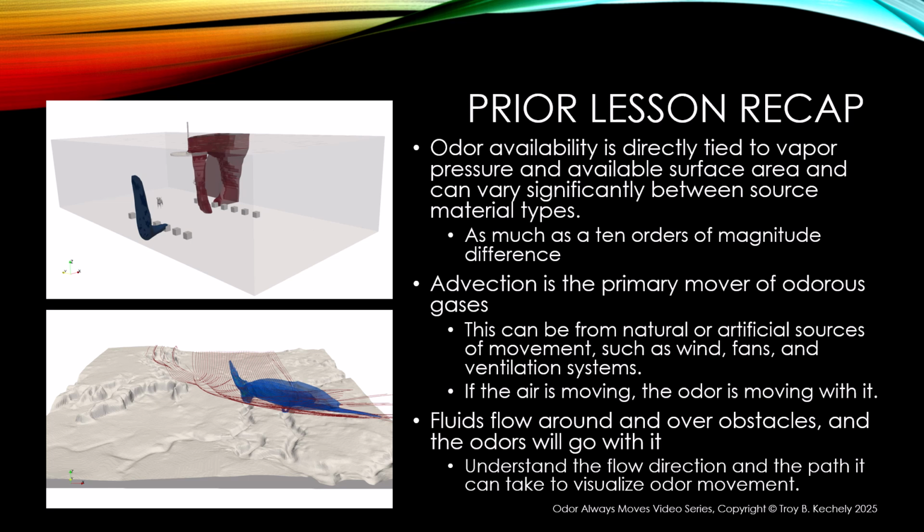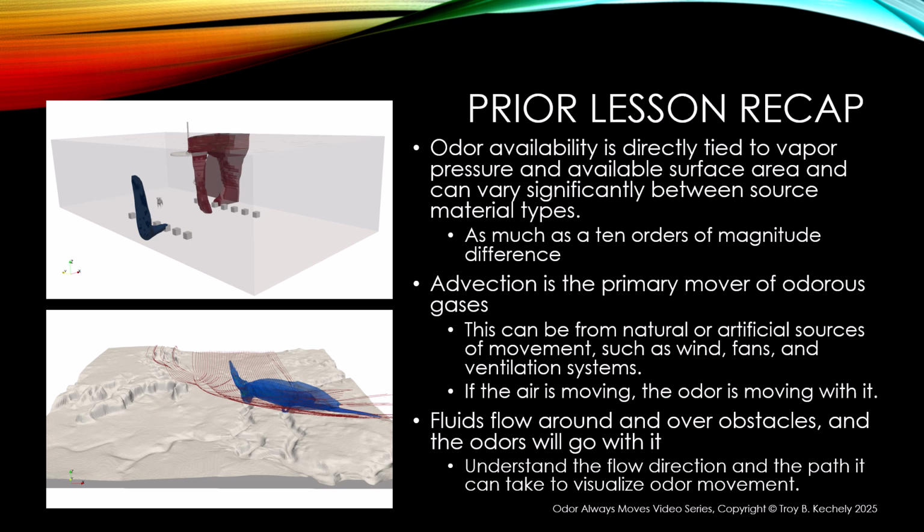Now, just to recap our last lesson, odor availability is directly tied to vapor pressure and available surface area, and it can vary greatly between source material types. I showed that it was as much as 10 orders of magnitude difference. And advection is the primary mover of odorous gases. This can be from a natural or artificial source of movement, such as wind or fans or ventilation systems.